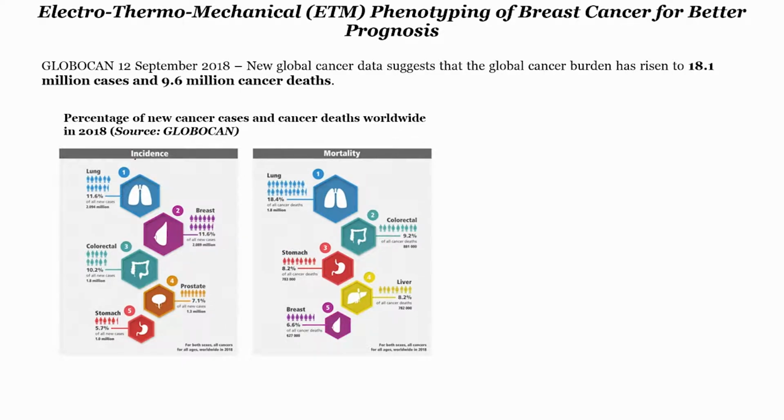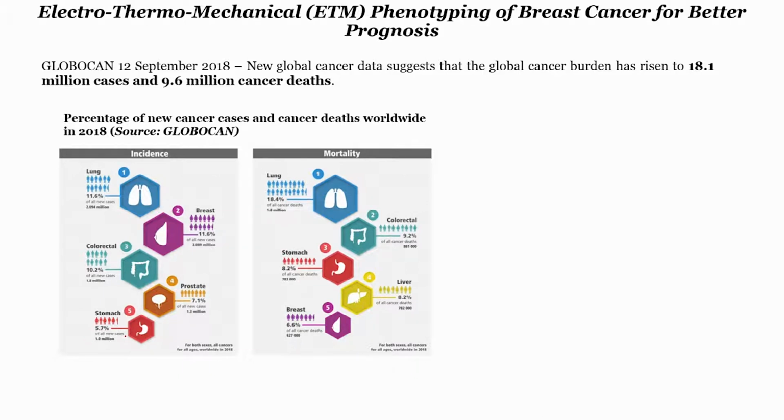You can see here incidence of lung cancer, 11.6% of all new cases, about 2.094 million cases, whereas breast cancer is again close to 2.089 million cases, colorectal cancer about 10.2% or 1.8 million cases, followed by prostate cancer about 1.3 million cases, and stomach cancer about 1 million cases.